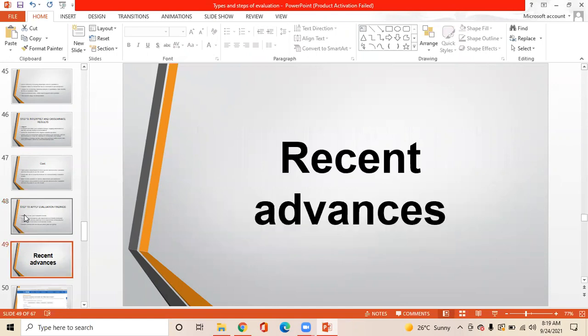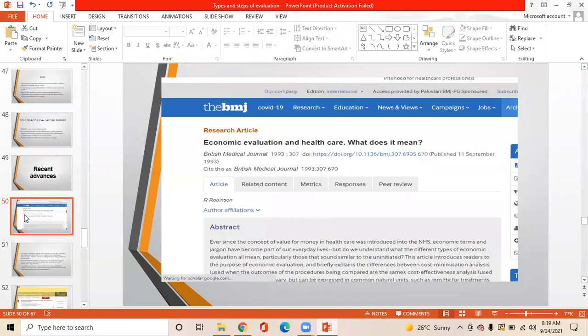Now coming towards the recent advances. This is an article that shows economic evaluation in healthcare and what it means.